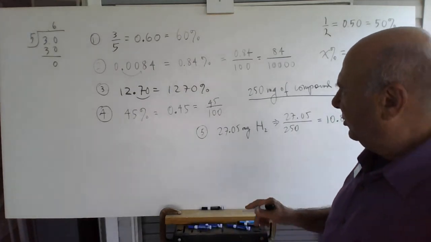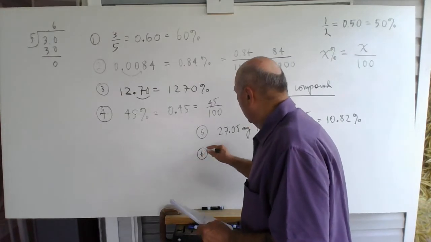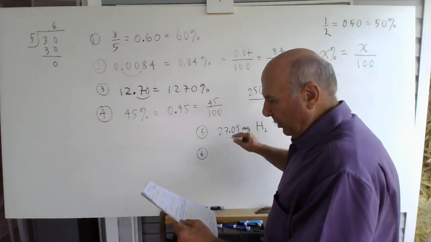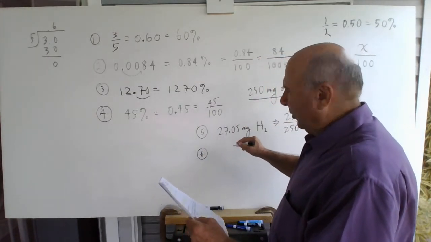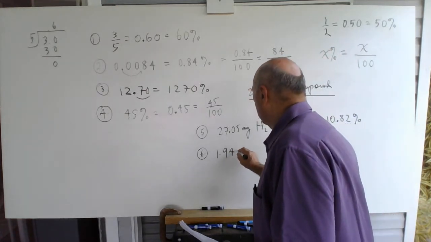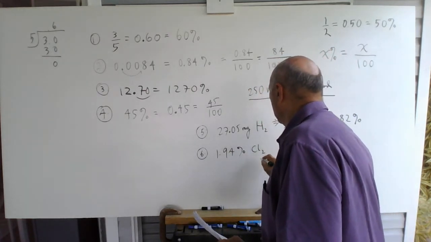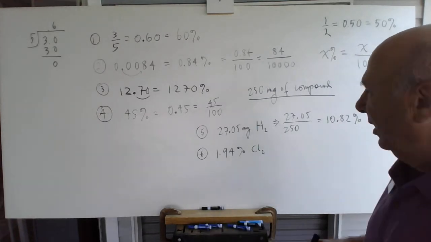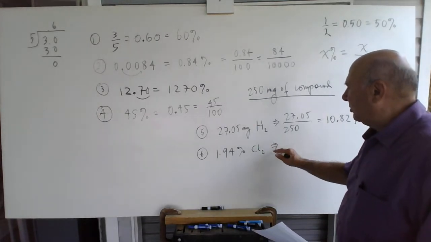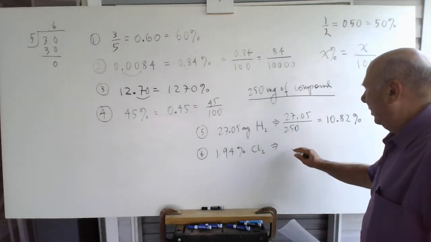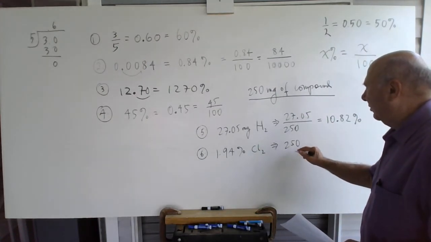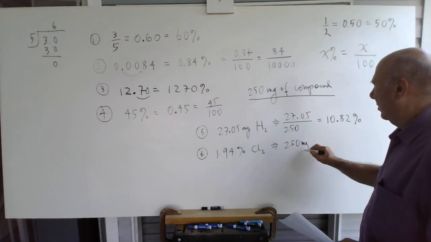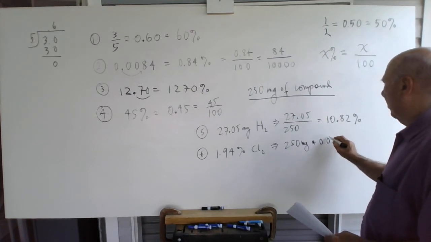On the other hand, suppose that I knew that this was 1.94% chlorine. And I wanted to know how many milligrams of chlorine. So now is when I have to change the percent to a decimal, and I would multiply 250, the total number of milligrams, by 0.0194.